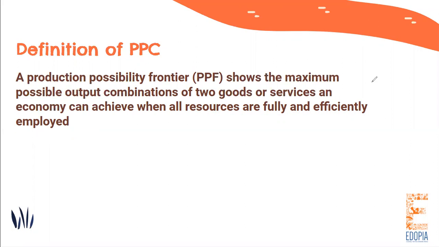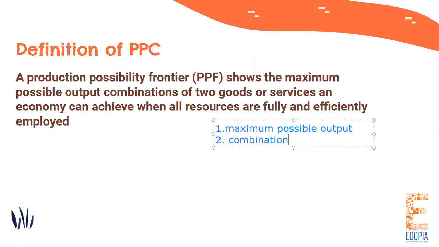So the definition has three aspects. Number one is that it is the maximum possible output. Then the second one is that it is talking about a combination of two goods, so it is dealing with two goods.